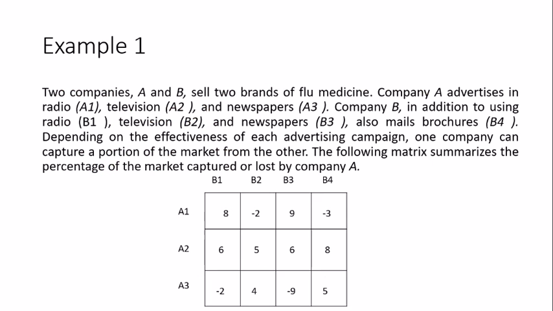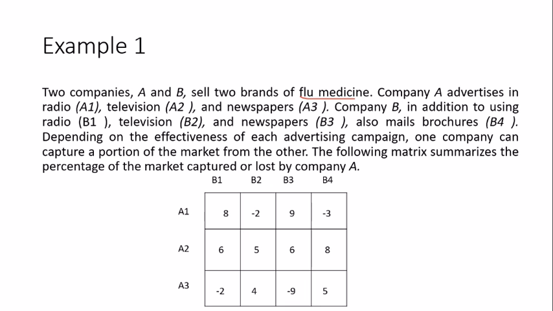Let's understand this through an example, because there is not much theory involved, so I am not giving you any theoretical calculation. Whatever solution technique is available, I will explain directly on the example. So we have two companies, A and B, which sell two brands of flu medicine.